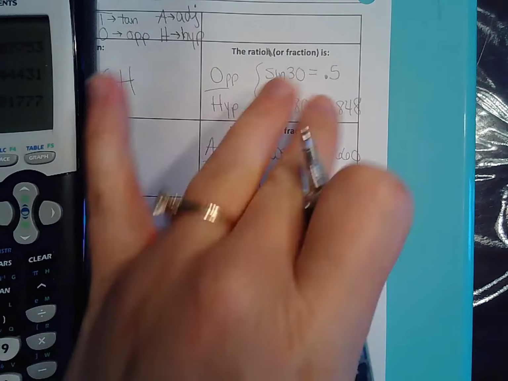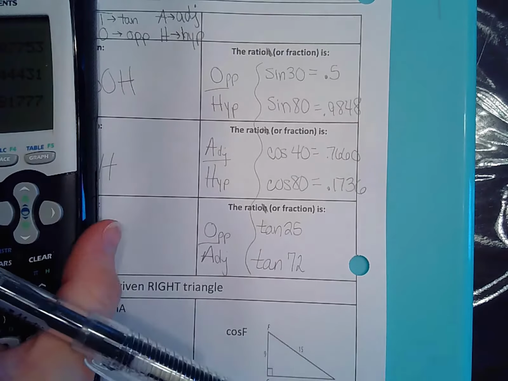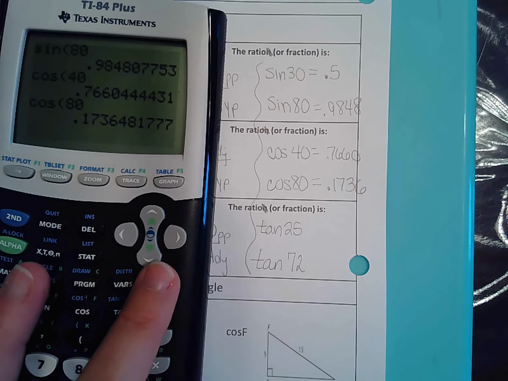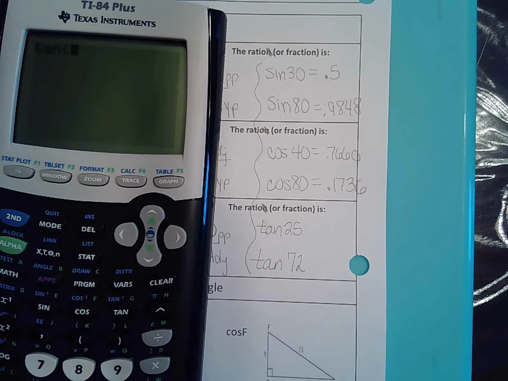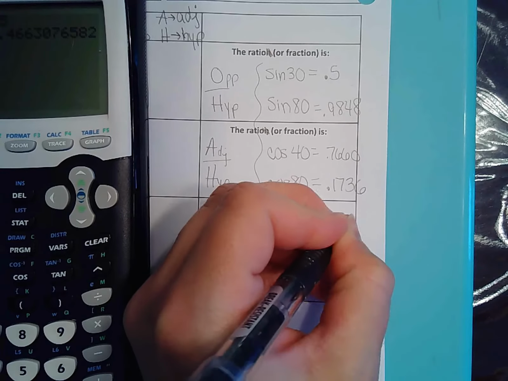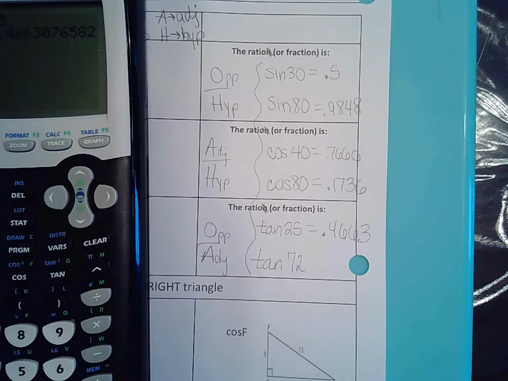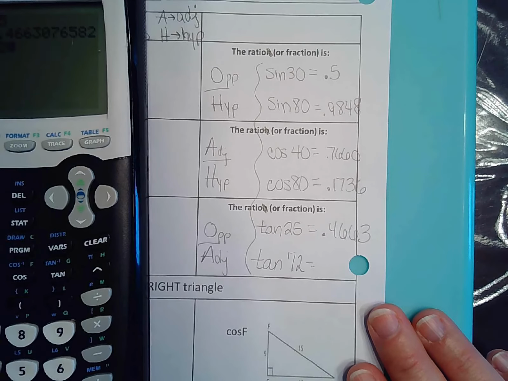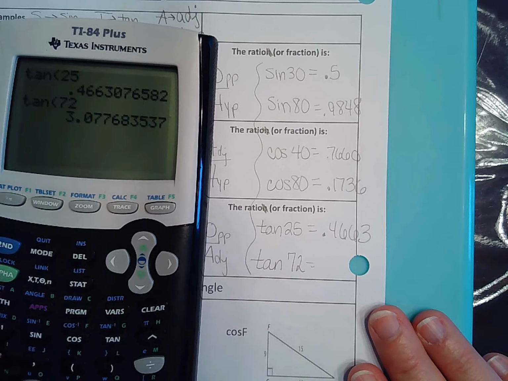All right, and these numbers that I'm getting on the side, those are the ratios you would get of the triangle. But we'll talk more about that in the next little part. Let's do tan of 25, 0.4663. And now let's do tan of 72. I guess I could say tangent if I wanted to.